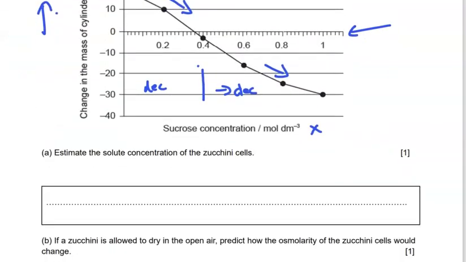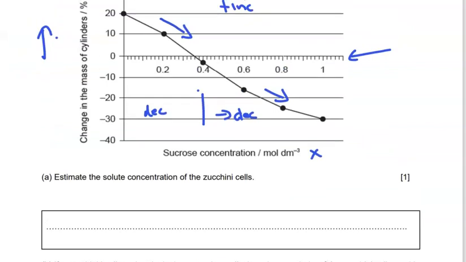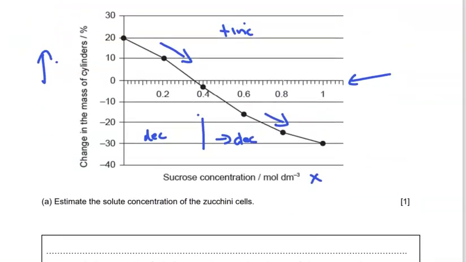So let's take a look at that first question, which asks you to estimate the solute concentration of the zucchini cells. So, of course, this is the technique of what is called incipient plasmolysis.